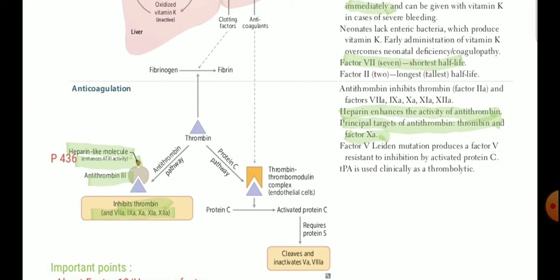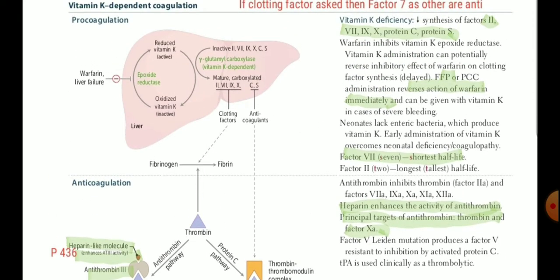So we know that heparin acts on the intrinsic pathway, and APTT is raised in the intrinsic pathway. So for heparin we monitor APTT, and for warfarin we monitor PT. PT is also monitored for liver function. That is the most important marker of liver function, since most of the factors inside the liver are decreased, and PT is increased.